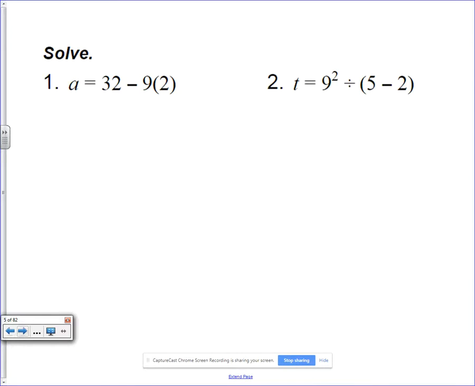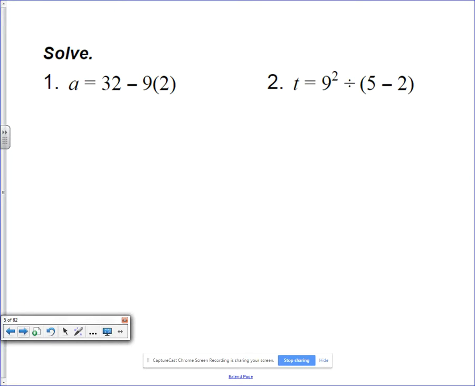Now, these are a little bit different because if you look, that variable, that a, is all by itself, isn't it? It's isolated. Did I give you any numbers to try? No. Since it's isolated, I can just work it out, and if I work out all of this over here, it's going to tell me what a is. Sound good? Okay, what are you going to do first?